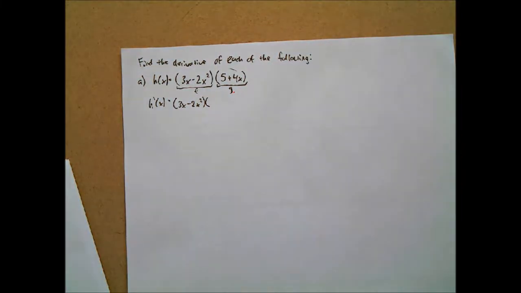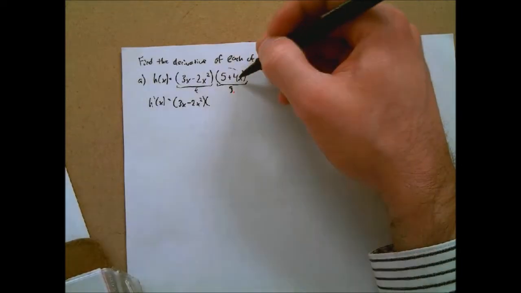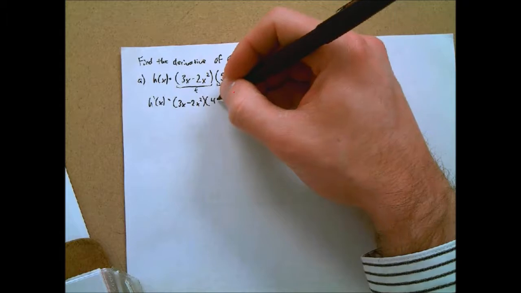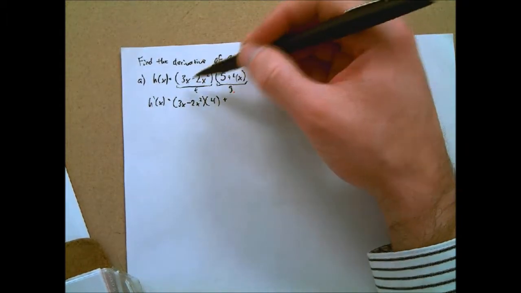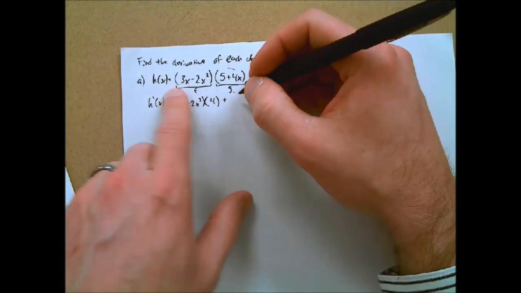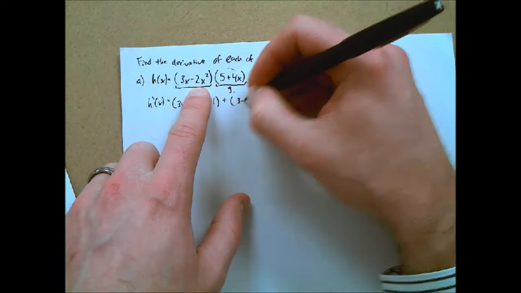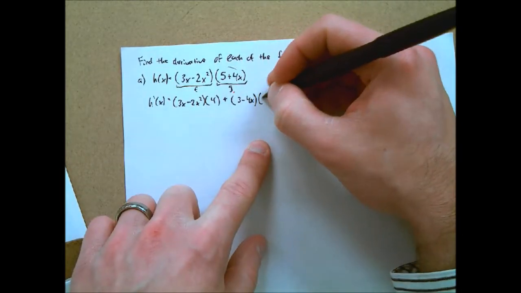Just 4. The derivative of 5 is 0 because it's constant, and the derivative of 4x is 4. So we're left with just 4. And so first times the derivative of the second, and then plus f prime. So now we'll do the derivative of this, which will be 3 minus 4x, times the other binomial multiplied there.